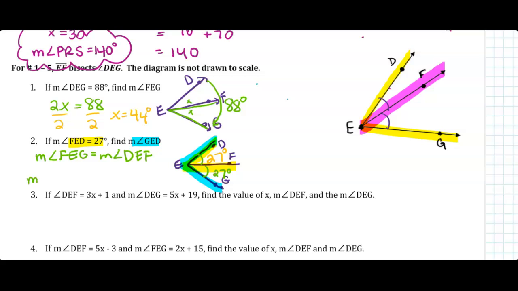So the measure of angle GED is equal to the measure of angle FED plus the measure of angle FEG, which would be 27 plus 27, which is 54 degrees.